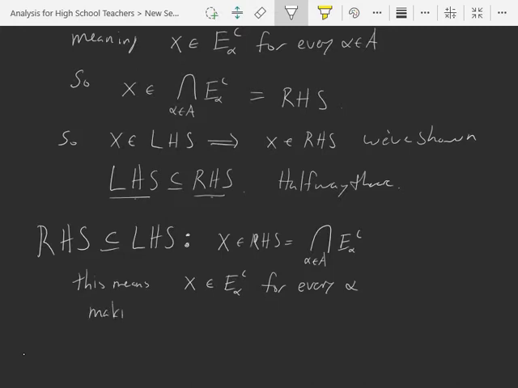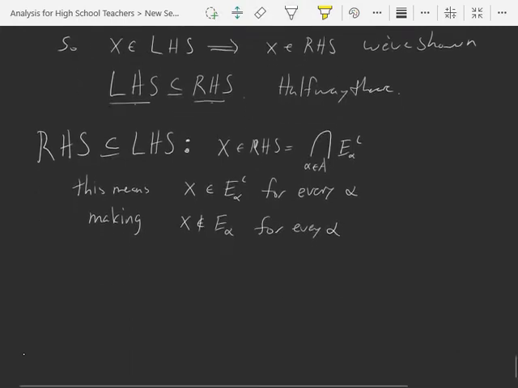Making x not in E sub alpha for every alpha. Okay. And since it's not in E sub alpha for every alpha, it's not going to be in the union of all of the alphas.